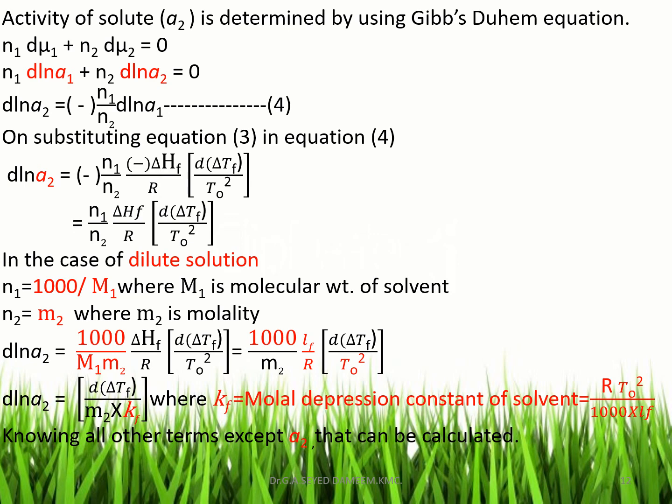Now, the Gibbs-Duhem equation for a system containing two components is N1 d mu1 plus N2 d mu2 equal to 0.